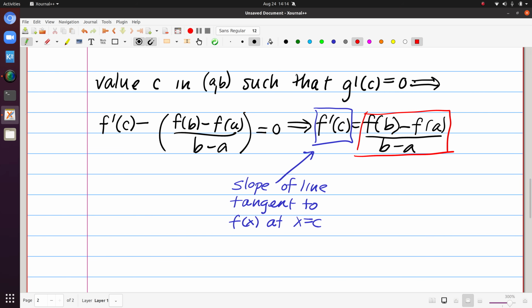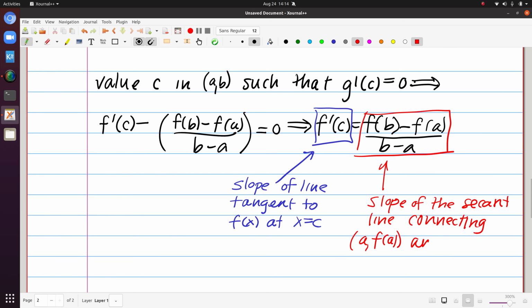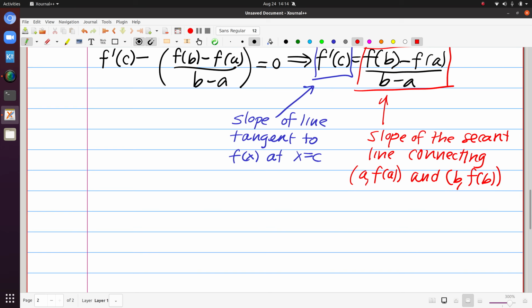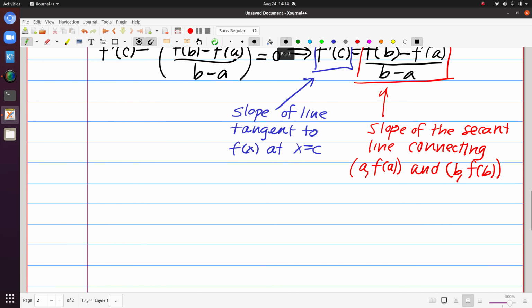On the other hand, this is also a slope. This is the slope of the secant line connecting 2 points on the graph of f, in particular a, f of a and b, f of b.